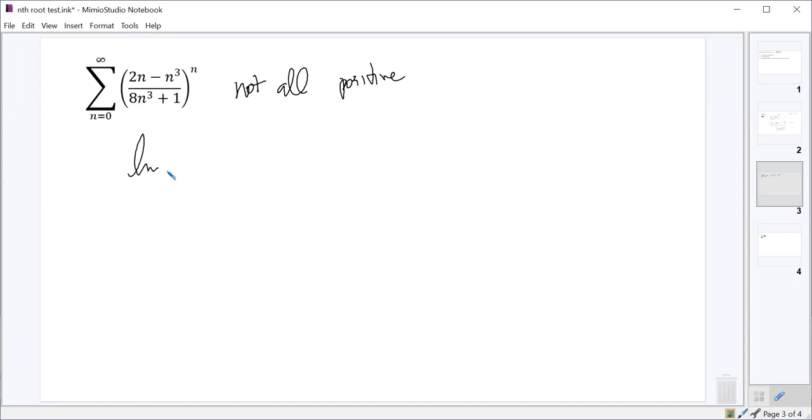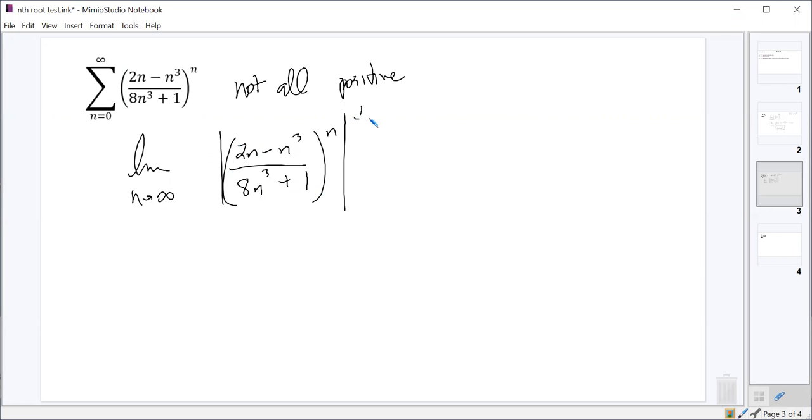So we're going to look at the limit as n approaches infinity of the absolute value of 2n minus n cubed over 8n cubed plus 1 to the nth power, and we'll raise all of that to the 1 over n.